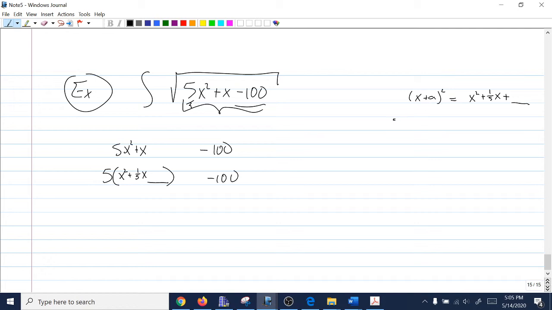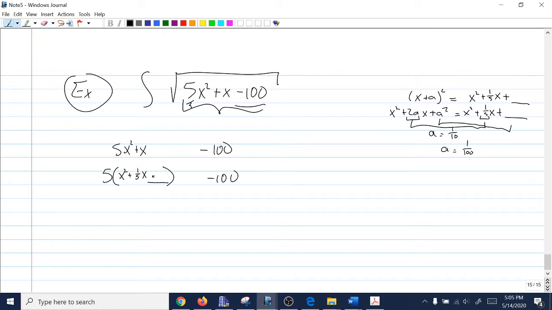When I FOIL that out, I get x squared plus 2ax plus a squared equals x squared plus 1/5 x plus blank. So if these are going to match up, then 2a needs to be 1/5. So a is half of that, 1/10. a squared is the thing that goes here then, 1 over 100. You take this number, cut it in half and square it, and that's what you want to be here to complete the square.